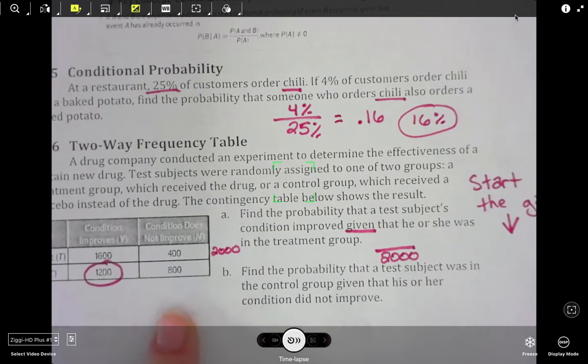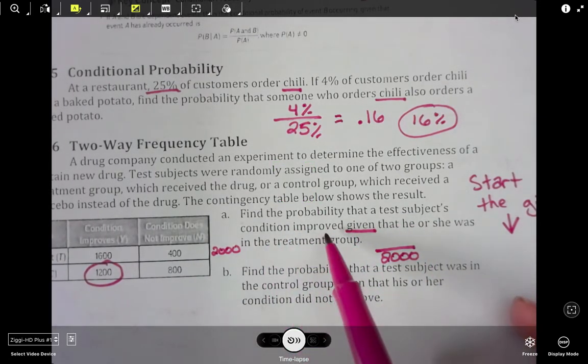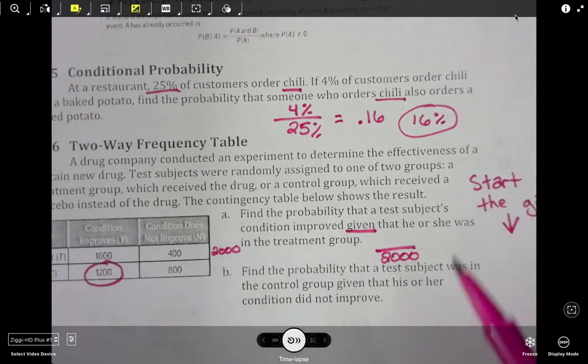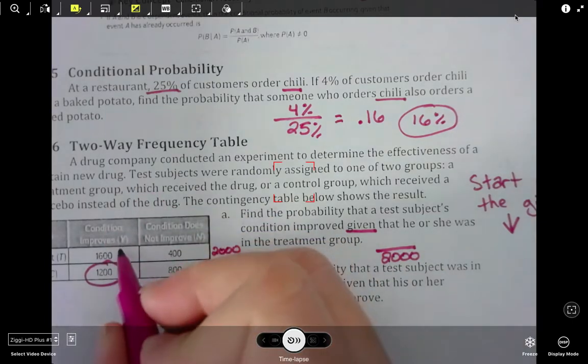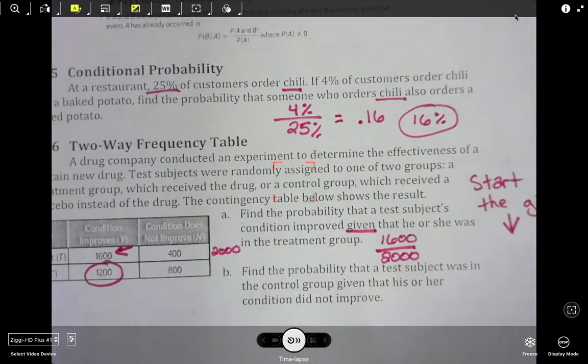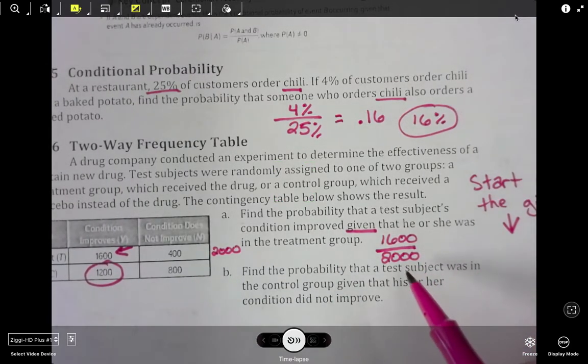Now, I'm interested in finding the probability that the test subject's condition improved. So of those 2,000, which ones actually improved? That would be the 1,600. So 1,600 goes in the top: given that they were in the treatment group, how many had their condition improved.